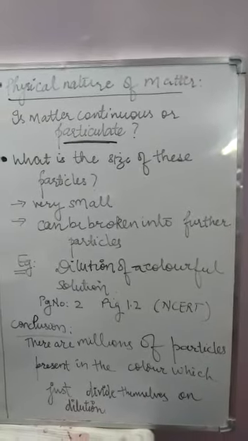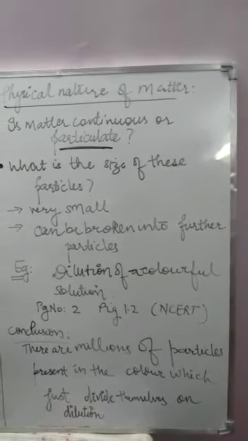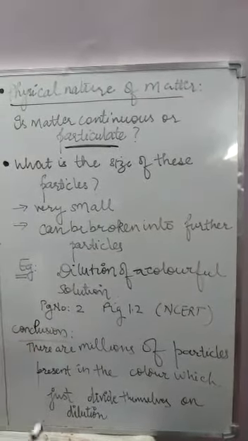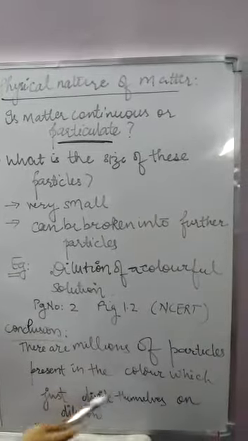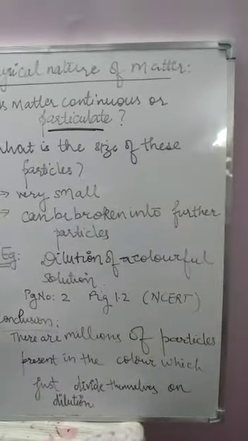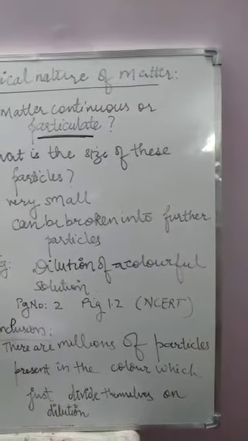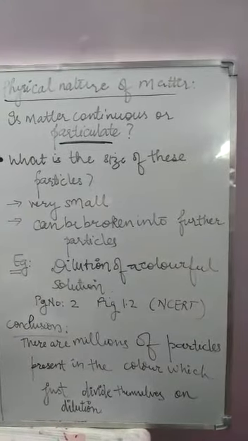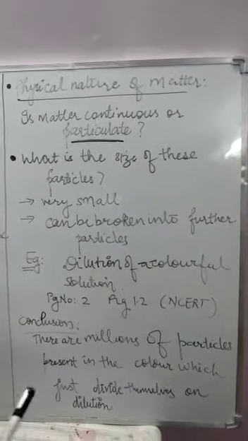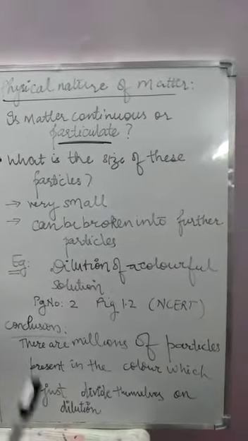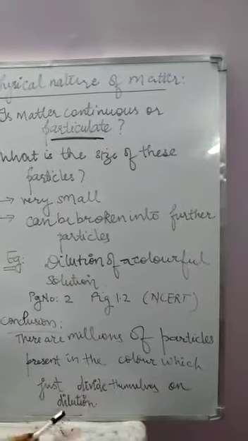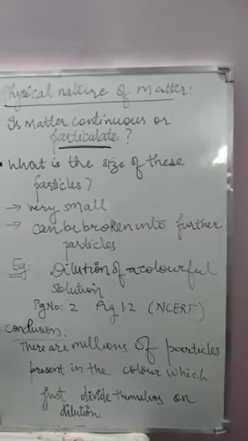This shows that few crystals of KMnO4 can color a large volume of water. तो इससे हमें क्या conclusion मिलता है कि there are millions of particles present in the color which just divide themselves on dilution. पहले हमारा KMnO4 की वजह से वो पानी का सोल्यूशन पिंक हो गया था और जैसे हम उसमें से सोल्यूशन निकालते चले जा रहे थे, तो वो पिंक कलर फेड होता चला जा रहा था. That means there are millions of particles present in the color which just divide themselves on dilution.